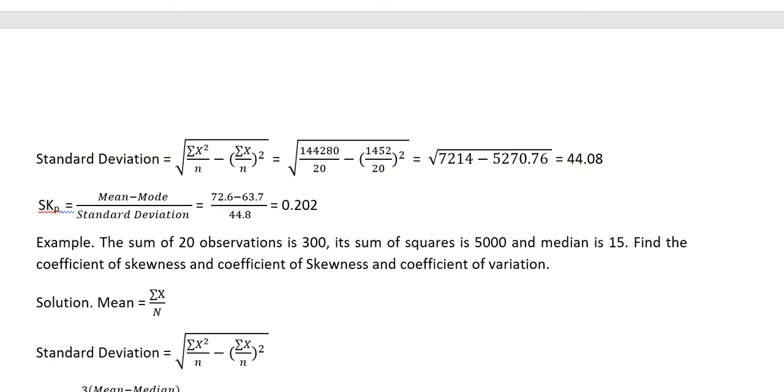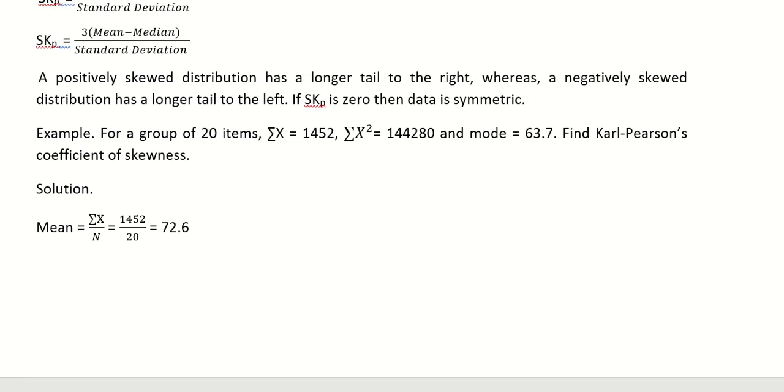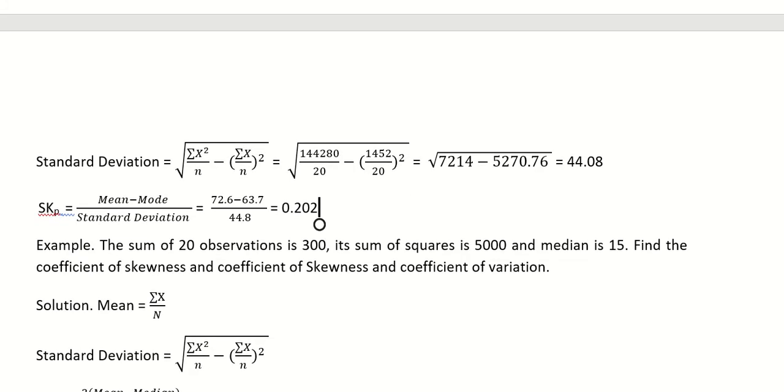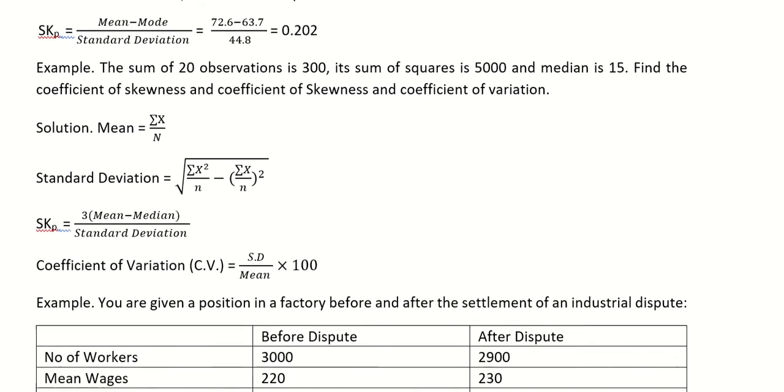So this value is positive. Karl Pearson's coefficient of skewness is positive. A positive value means it is skewed to the right, right? So the data is not normally distributed here. It is skewed to the right. This is what our interpretation is. Data is not normally distributed. So this is the first question.